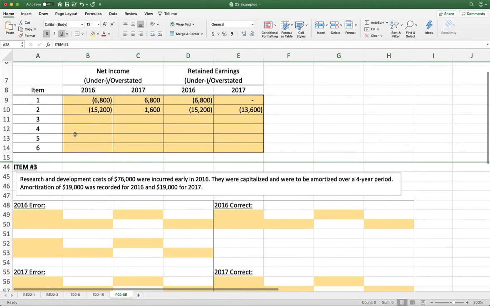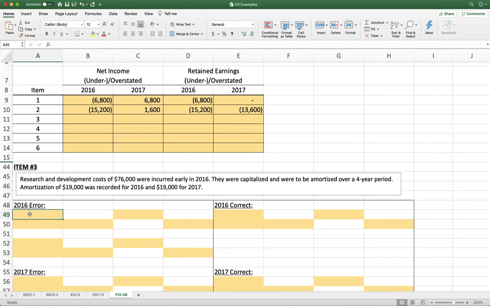For the next one, we have research and development costs of $76,000 that were incurred in 2016. They were capitalized and were to be amortized over a 4-year period. Amortization of $19,000 was recorded for 2016, and also $19,000 was recorded for 2017.